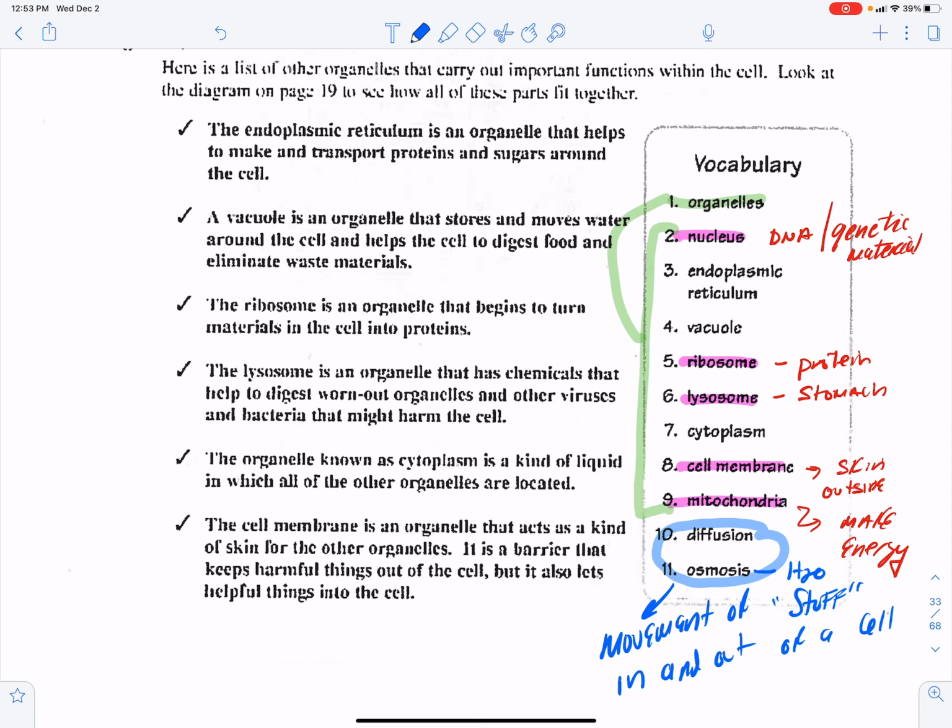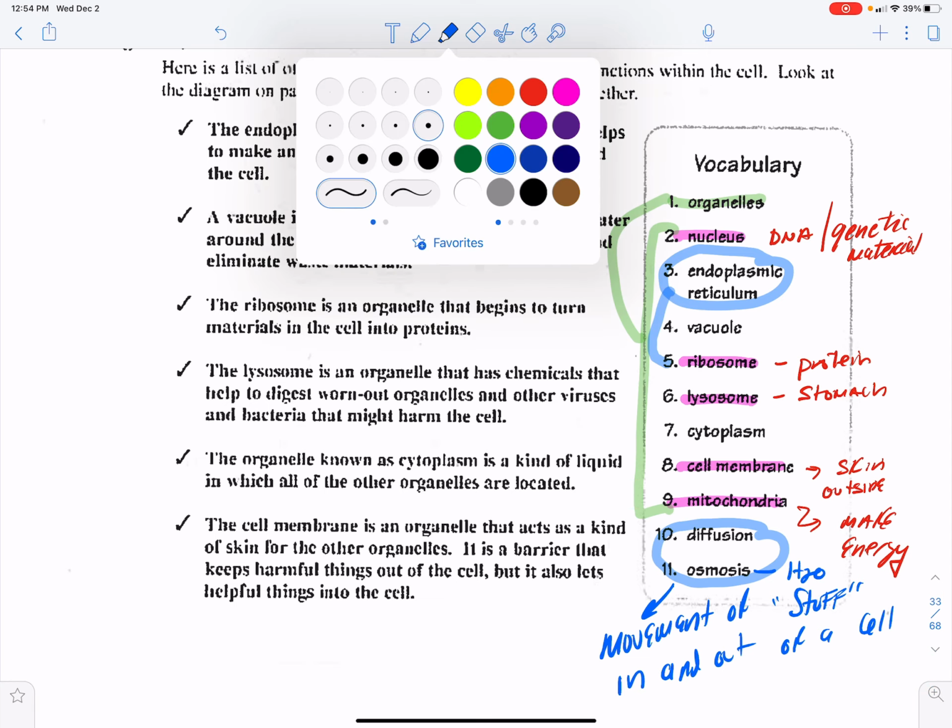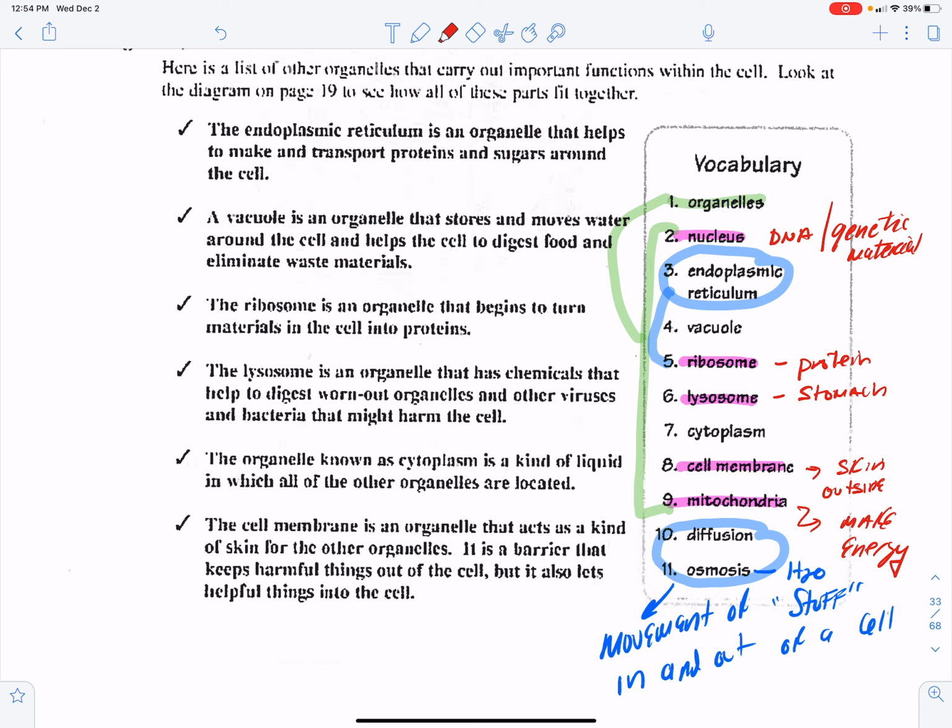Okay. We can talk about some other connections up here. This thing called the ER is connected to ribosomes, so it has to deal with proteins. We can say that a lysosome is a type of vacuole.